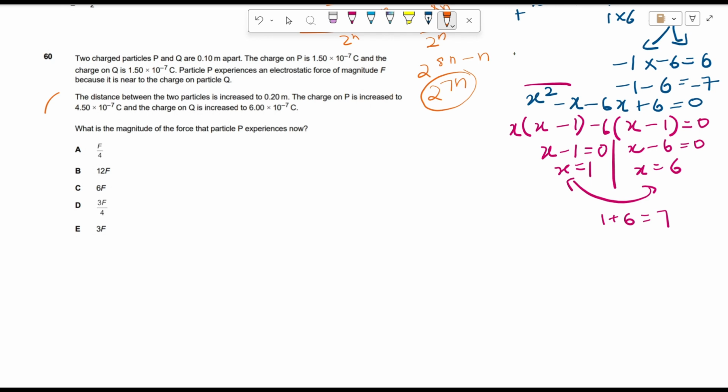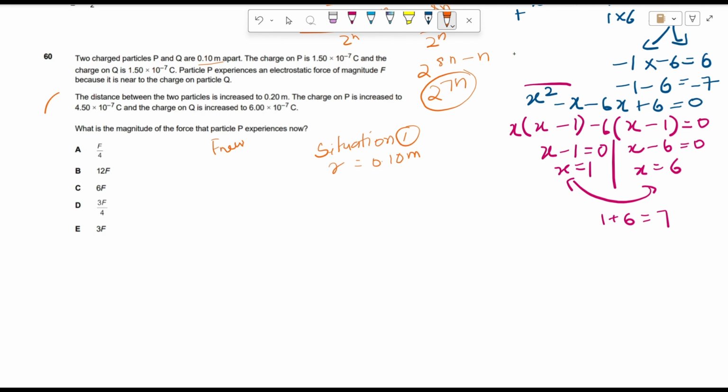So basically two situations were given to us, right? What is the magnitude of the force that particle P experiences now? So they have asked us to find the final force, the new force, you may say. So basically we have two situations, right? Situation 1. In situation 1, the radius is 0.10 meter, right?